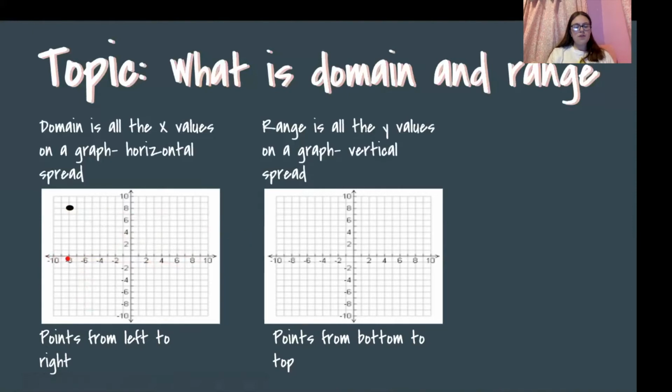And then from bottom to top, where is it? It's 8. So that's how it works for finding the domain and range for a point. And so that's (-8, 8).